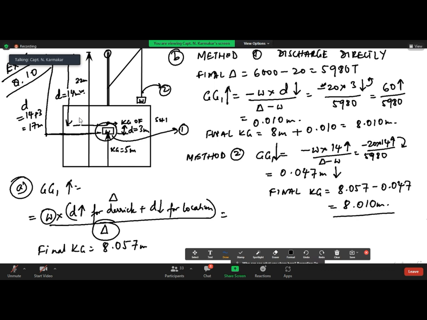Look, are we able to understand the concept or not? Does anybody want to recheck? Please ask me questions.